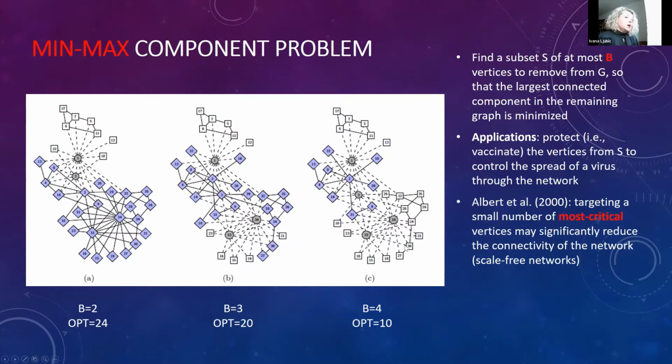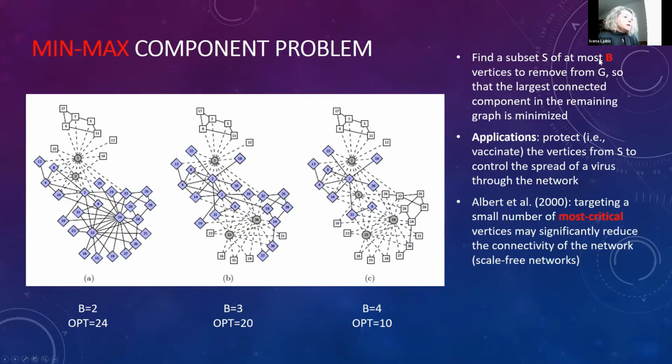In terms of methodology, what the authors proposed in this paper in 2000 was actually a simple greedy heuristic. So they said, okay, let us sort the vertices based on their degree, and let's remove one by one those with the highest degree until we reach the budget B.